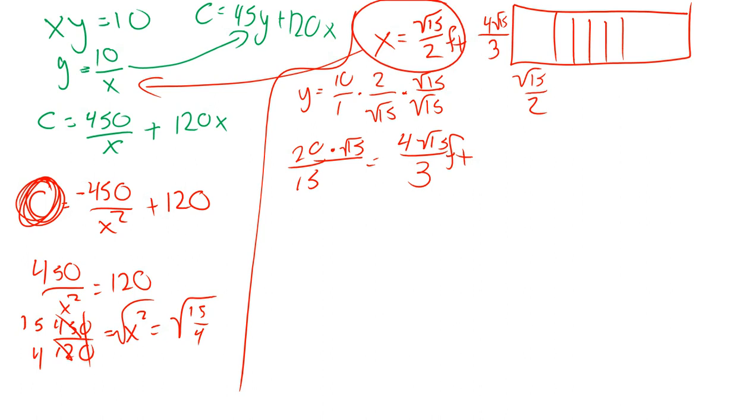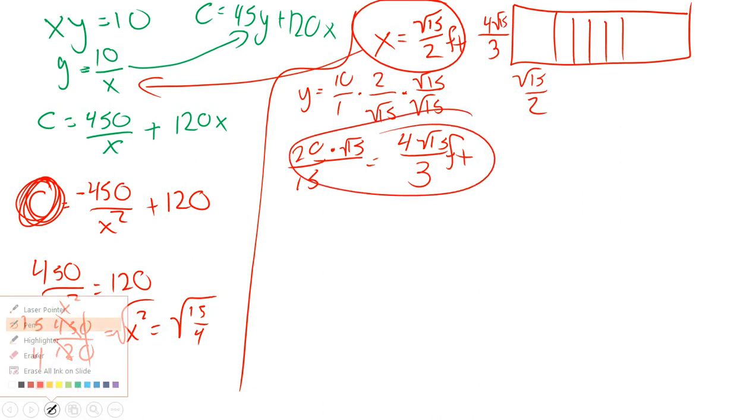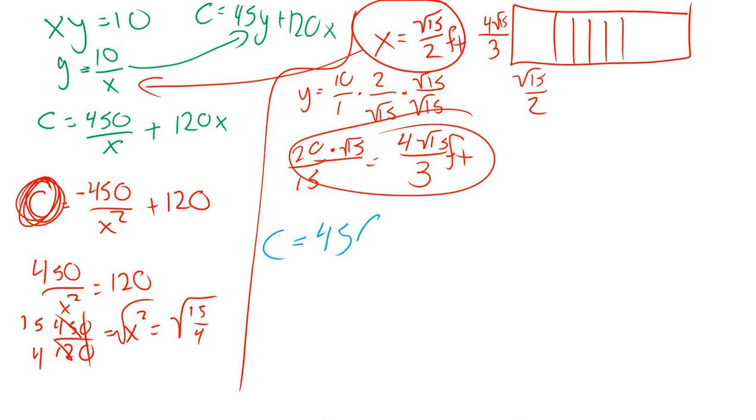So there's our dimensions. And now the cost. How much will this cost us? We would go C is equal to 45 times 4 root 15 all over 3 plus 120 times root 15 all over 2.